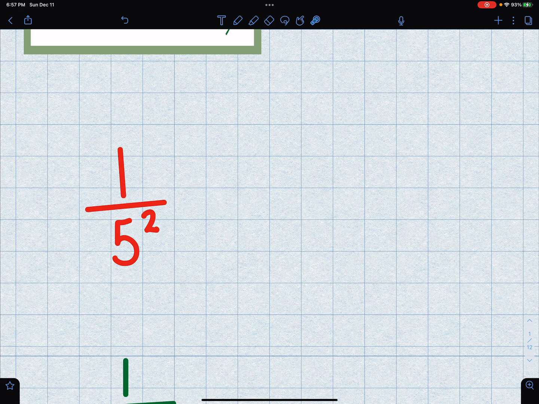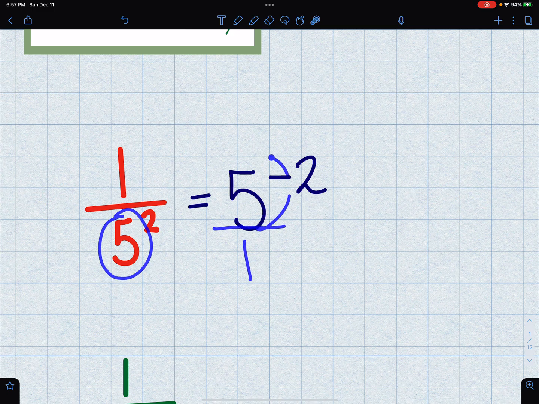If we have 1 over 5 squared, another way that we can write that, you won't get it at first, but just listen and then you'll get it. 1 over 5 squared is the same as 5 raised to the negative 2 power. Just accept it for now. Look what we did. We moved the 5 from the bottom to the top, and we changed the sign of the exponent. And these two expressions are the same thing.